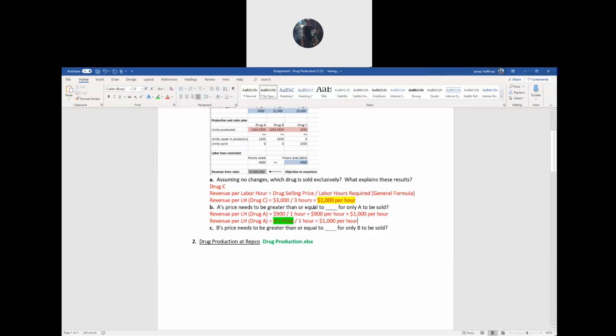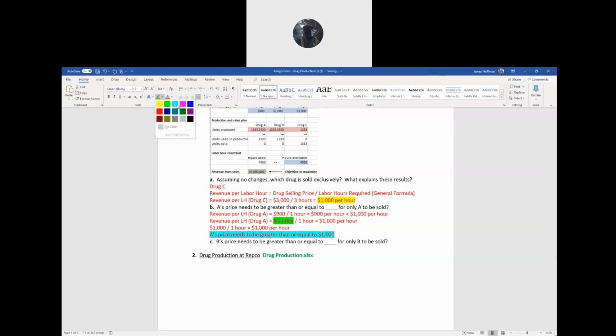So for drug A, it's got to be $1,000 to be comparable at the same revenue per labor hour as drug C. So the answer here is A's price needs to be greater than or equal to 1,000.